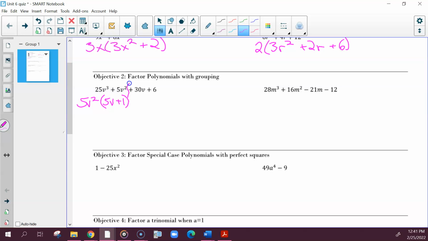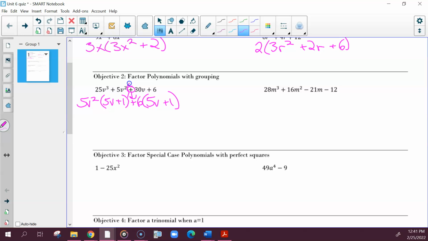What could we divide out of the second 2? 6. Whatever this sign is, bring it down, so it's a plus 6. If I divide these both by 6, what's left? 5 and 1. 5b plus 1. Then you need to write your final answers as factors.